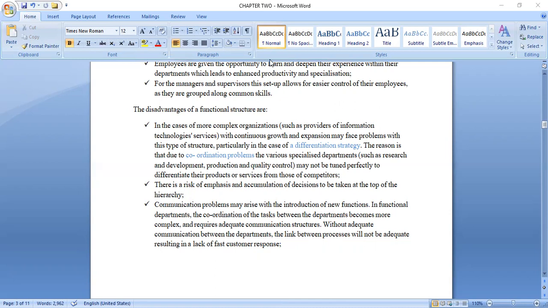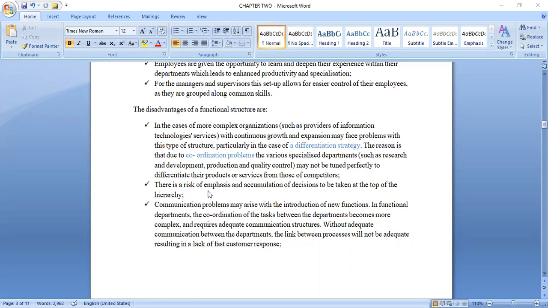So of course, we are going to see that even the choice of the organization structure that you should be choosing depends on a number of factors, one of which includes the size of the organization. So these functional structures are basically not applicable for complex organizations.